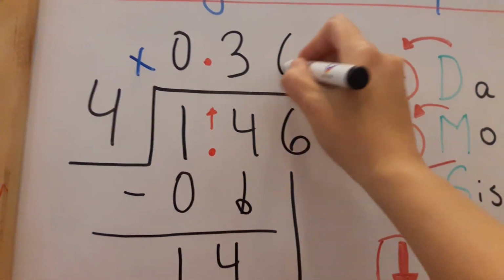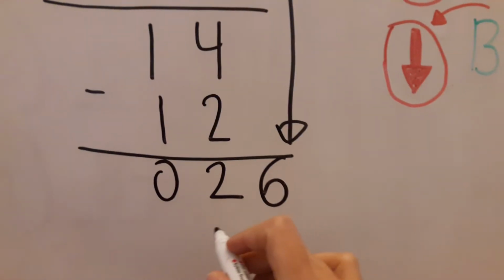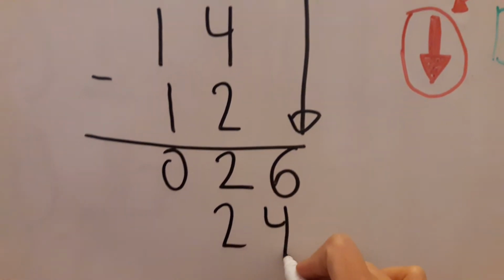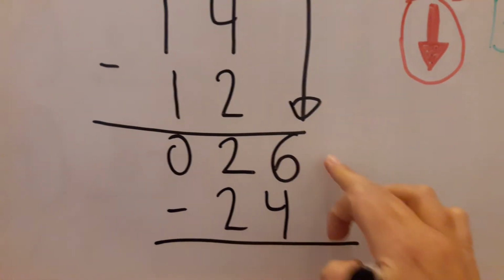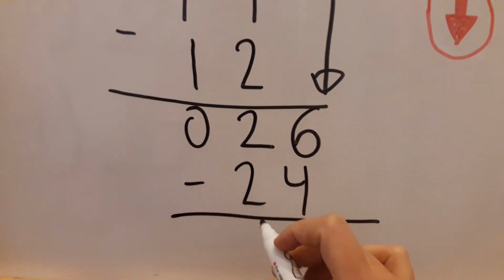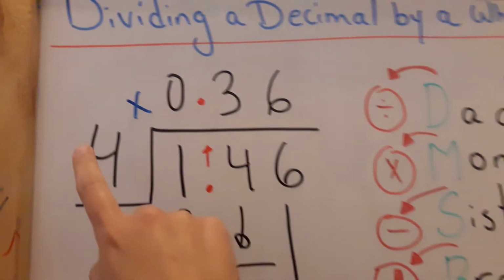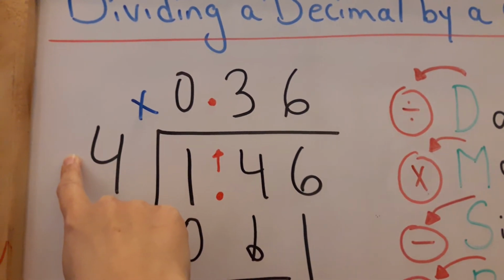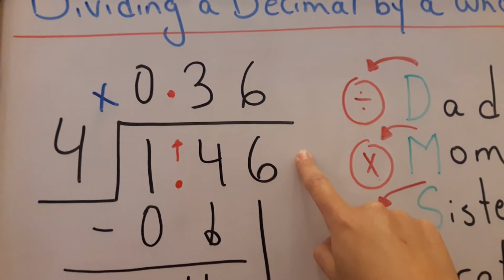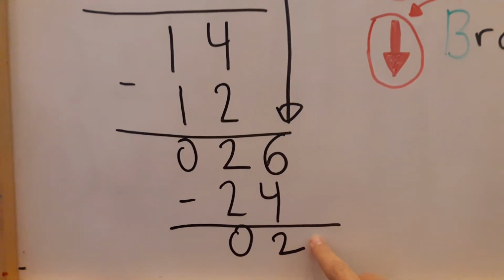Times 6. 6 times 4, it's 24. Then we subtract. 6 minus 4, it's 2. And 2 minus 2, it's 0. Again, 4 is the divisor, dividend, quotient, remainder.